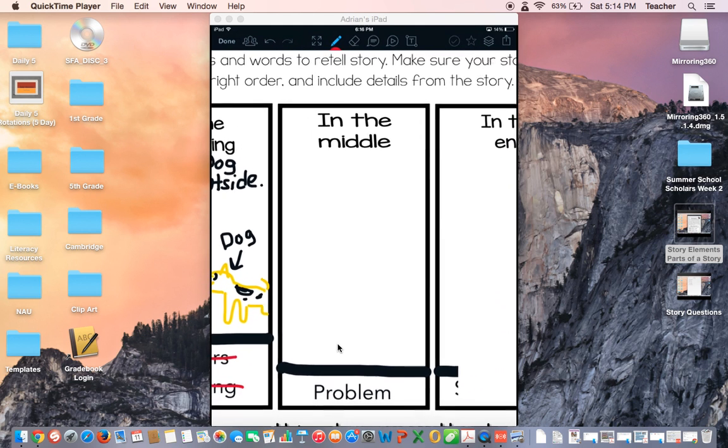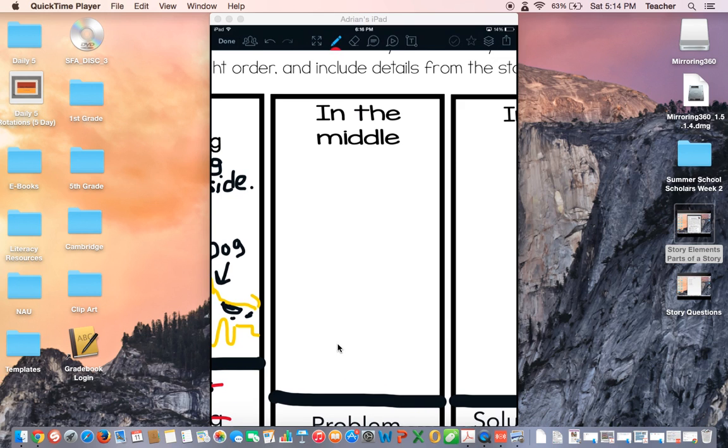Our next box, in the middle, talks about the problem. We know that Dog stepped on a thorn when he was in a bush. That's no fun. Sometimes little branches are sticking out.